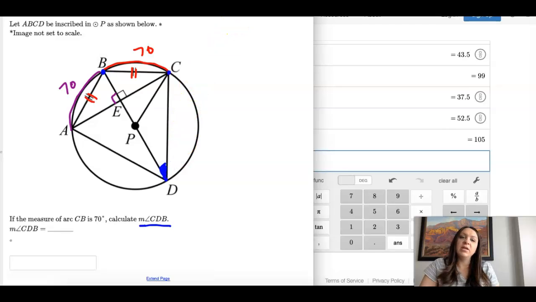Alright, so again, if we go back, I think it's even 1.2. I don't even think I have the notes up. I have two chords here. This makes a right angle. That's 90 degrees. Right? So that's good to know, but also I can use my inscribed angle here.